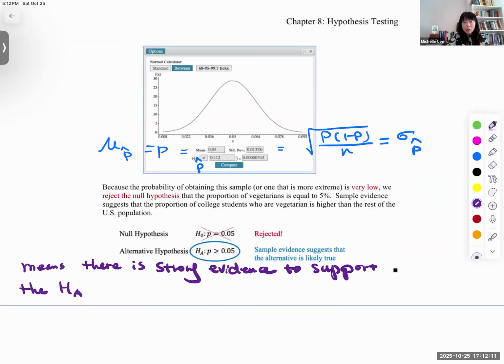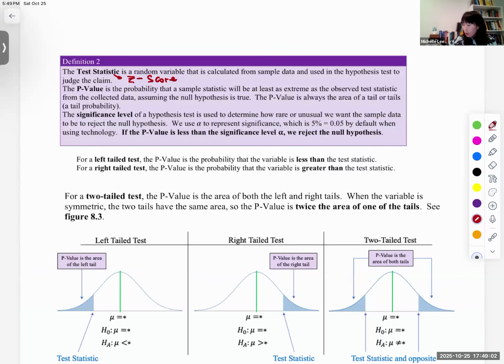So there we go. So that means there is strong evidence to support the alternative hypothesis. All right, so we have another definition here. A test statistic is a random variable that is calculated from sample data and used in the hypothesis test to judge the claim.